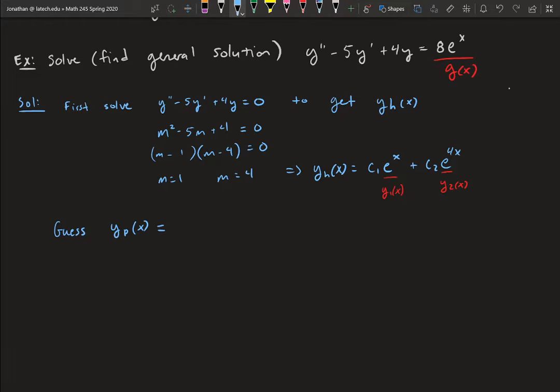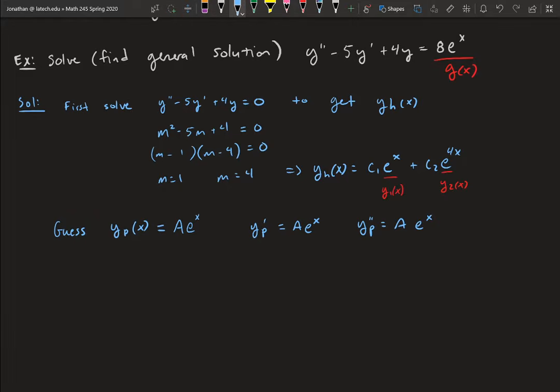So normally we would guess y_p equals a constant a times e to the x. That's our guess for the method of undetermined coefficients. Then y_p prime equals a e to the x, and y_p double prime equals a e to the x.